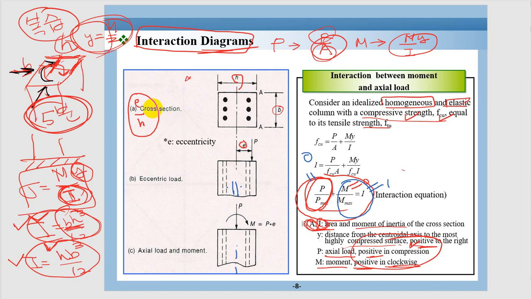If this is 0.2, it means this is 20% of the entire depth of the column. Okay, this ratio is good to know, how big it is or how small it is, when you design your columns.